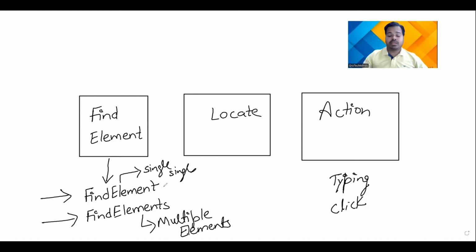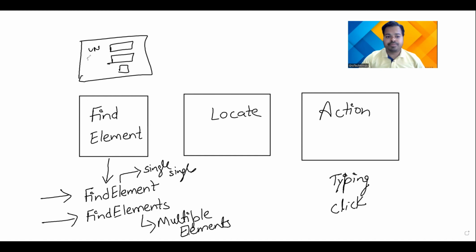Suppose there is a registration page. In that registration page, there are 3 components, which are username, password, and login button. And you have to do, in this login page, not registration page.